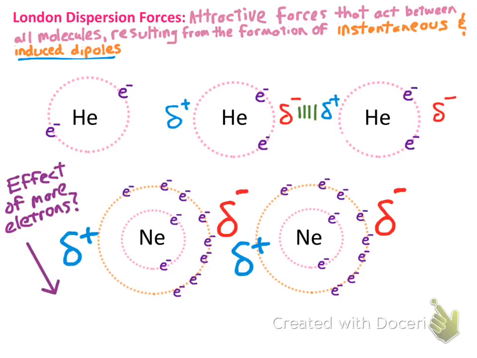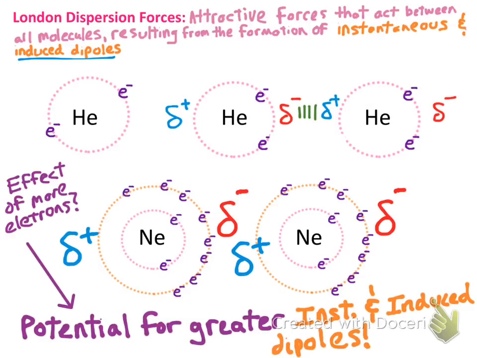So the effect of more electrons is, in effect, it increases the potential for greater instantaneous and induced dipoles, therefore more London dispersion forces.